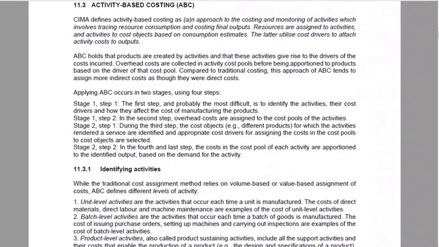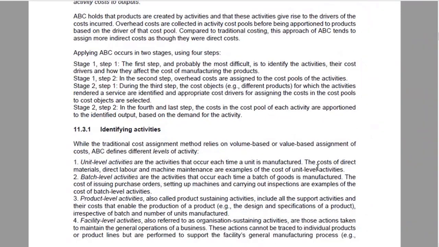Then activity-based costing has certain steps. The first step for ABC is to identify the activity. What is the activity? Then, after identifying the activity, what is the cost driver?